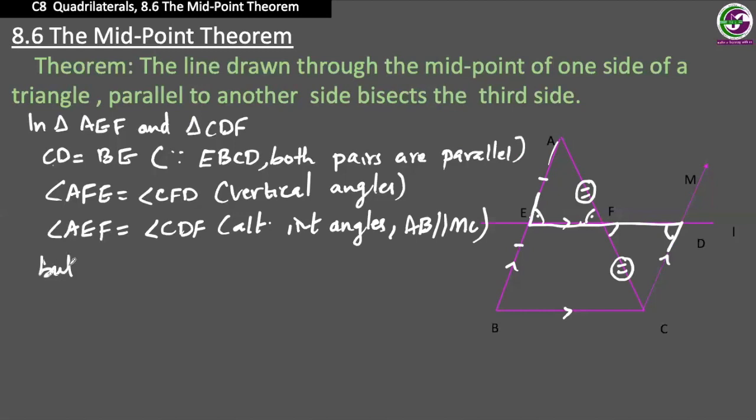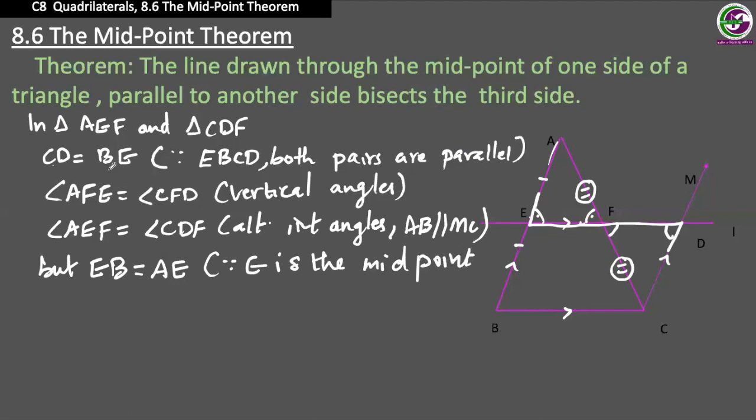But EB is equal to AE because E is the midpoint. From these two conditions, we get EB and EB are common. CD is equal to AE.